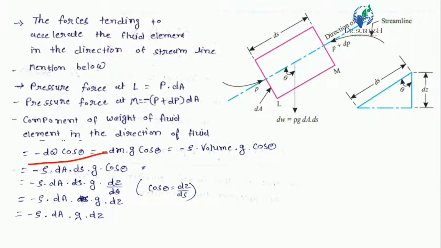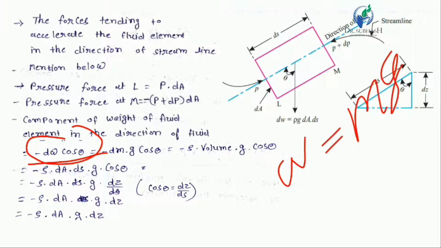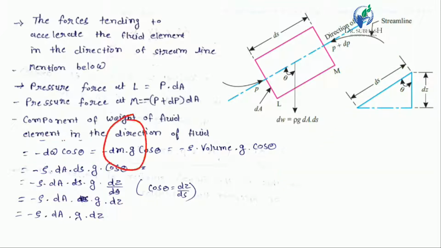So negative dW cos theta. Weight is equal to mg, so mg cos theta. Now m is converted into density into volume, so we have rho dA ds g cos theta.